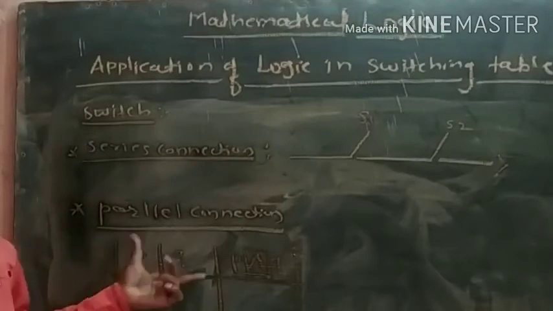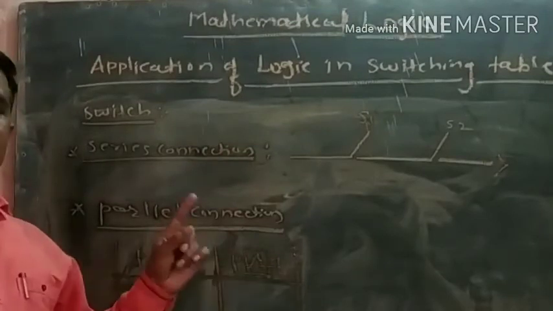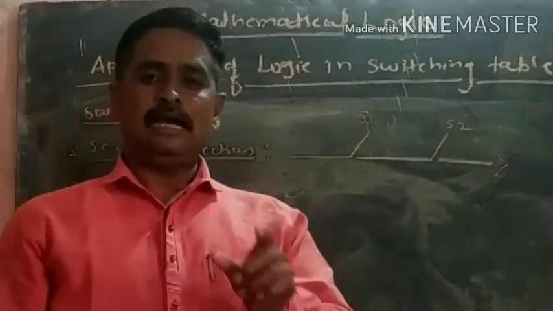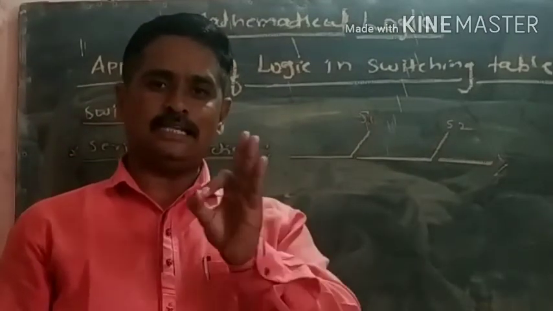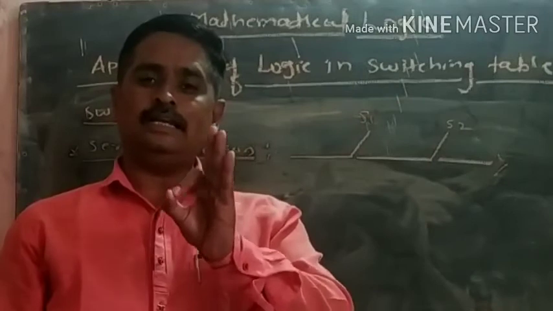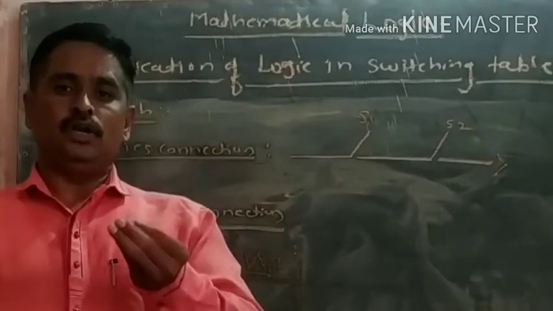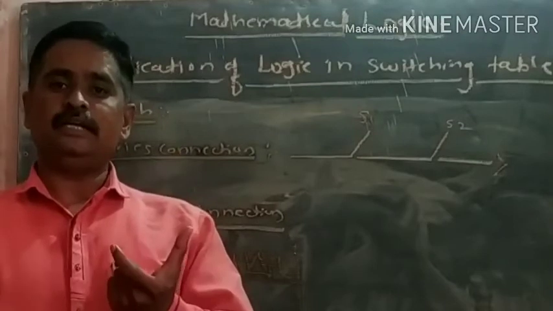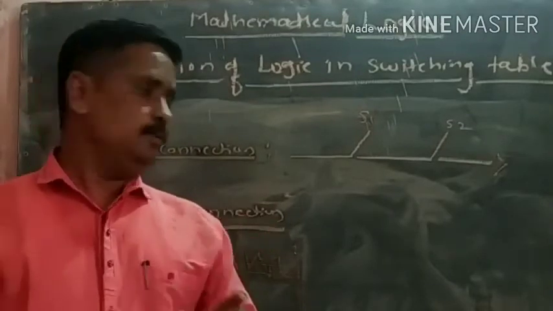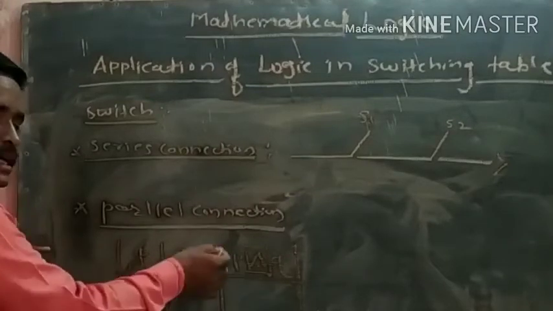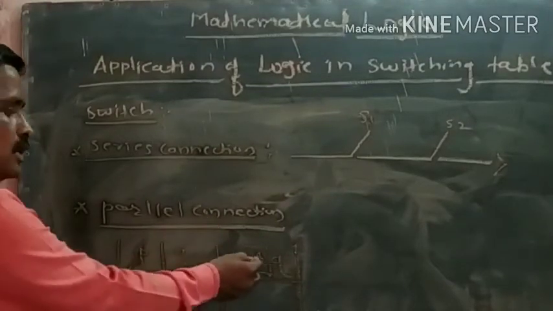To construct an input and output table, always use 1 as T, or T as 1. 1 denotes the switch is on, and 0 denotes the switch is off. So for a series connection, we have the table for series connection or conjunction.